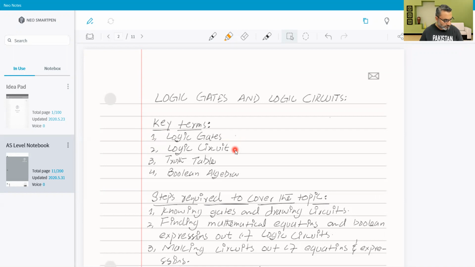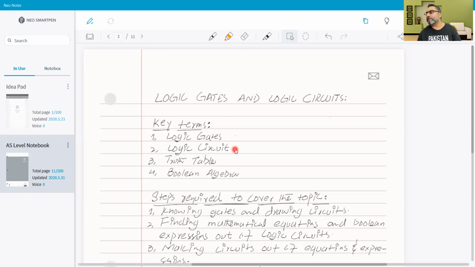The output from the logic circuit will always be either a 0 or 1.